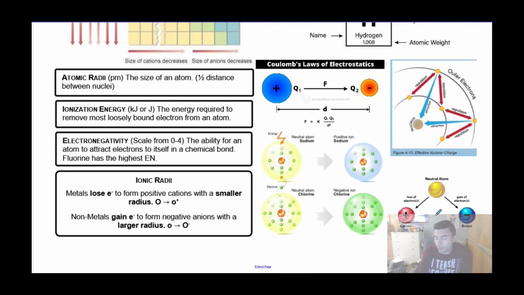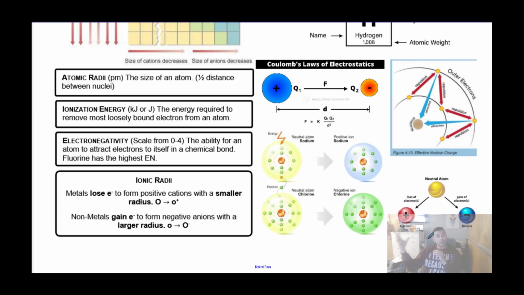The only other thing we really looked at was in terms of neutral atoms becoming ions, cations if they're losing electrons and anions if they are gaining, was how the size of the atom changes. If an atom is losing an electron, then the size actually becomes smaller. The cations are always smaller than the neutral atoms from which they form.